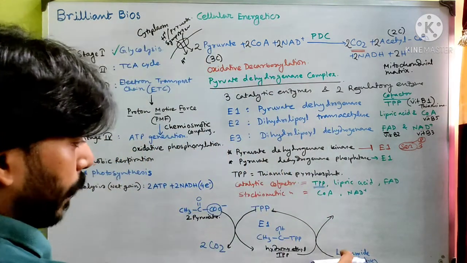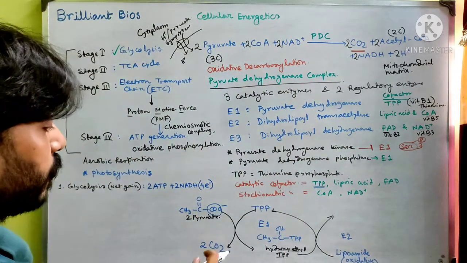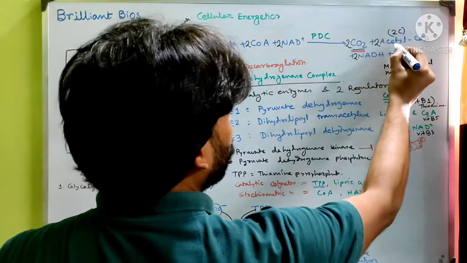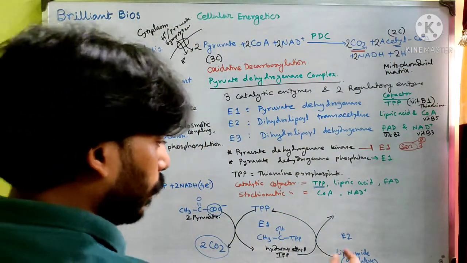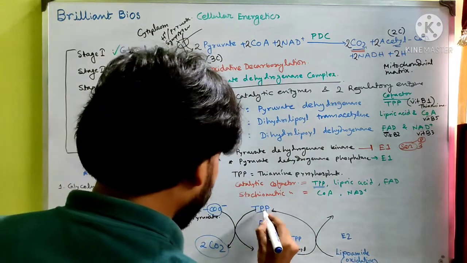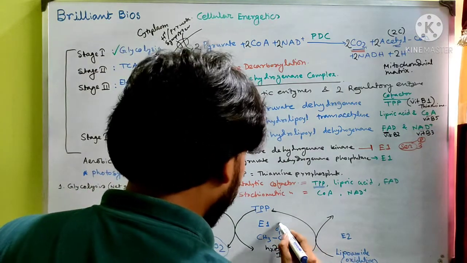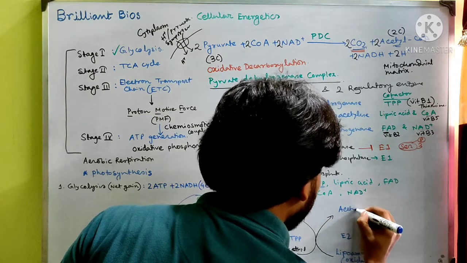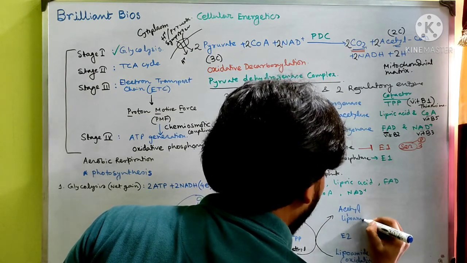Okay, lipoamide is part of the E2 complex. So at first carbon dioxide is released. Now the making of acetyl-CoA, how it occurs, I will show you. So at first TPP takes this part, then lipoamide takes this part and makes acetyl lipoamide.